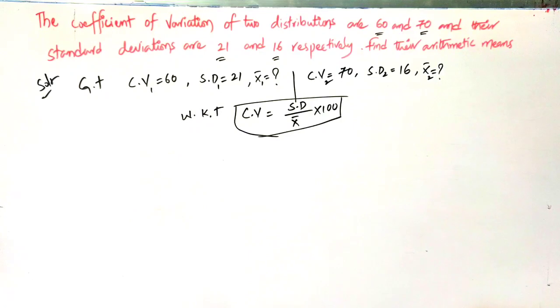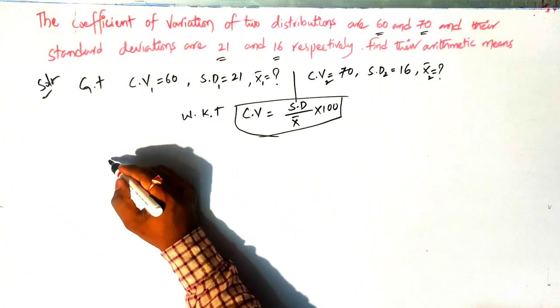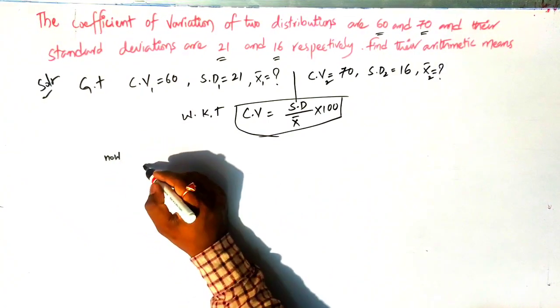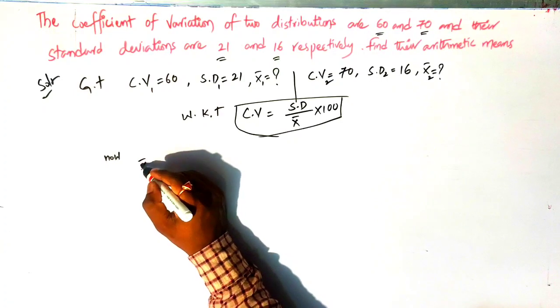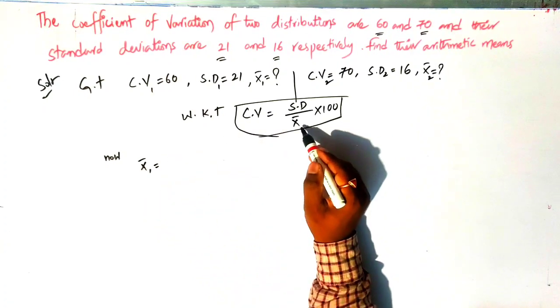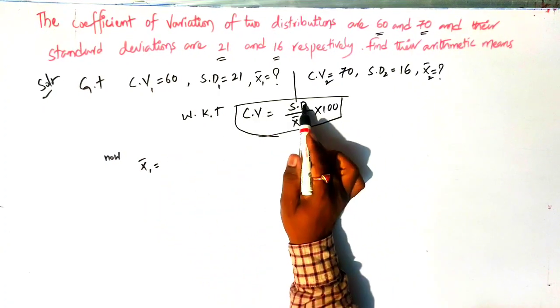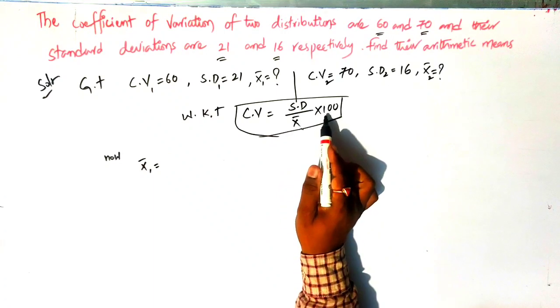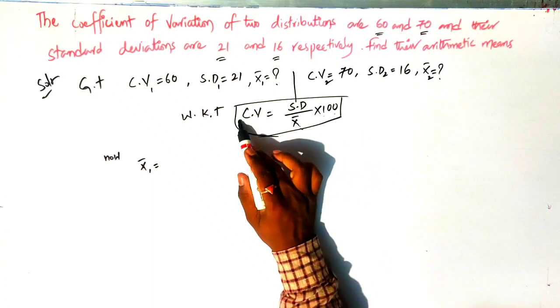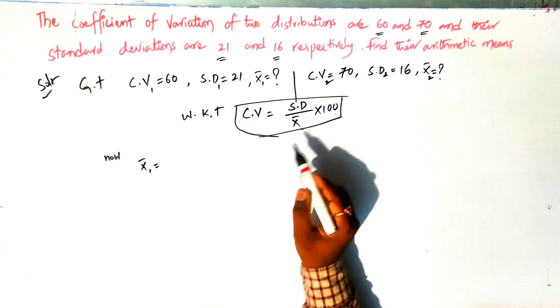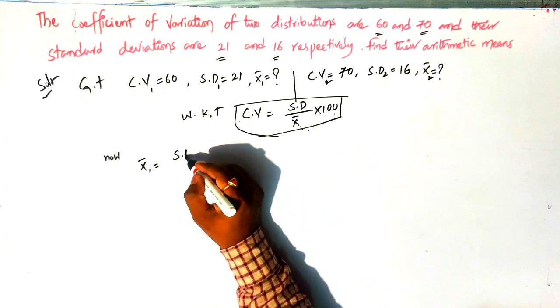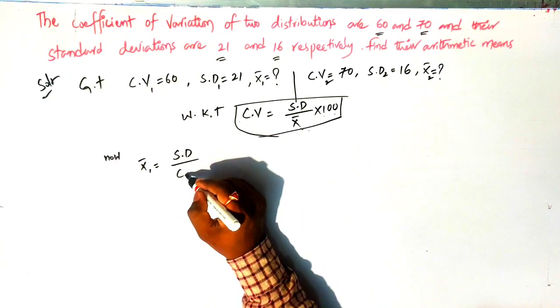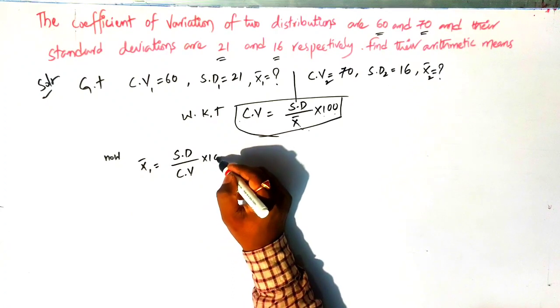So x bar of 1, by using this, CV equals SD divided by x bar into 100. So x bar equals, taking x bar to this side and CV to this side, SD divided by CV into 100.